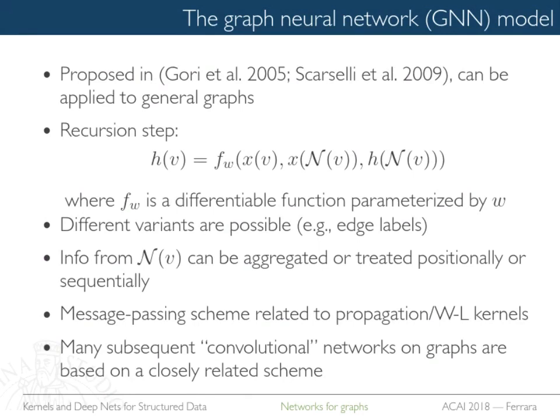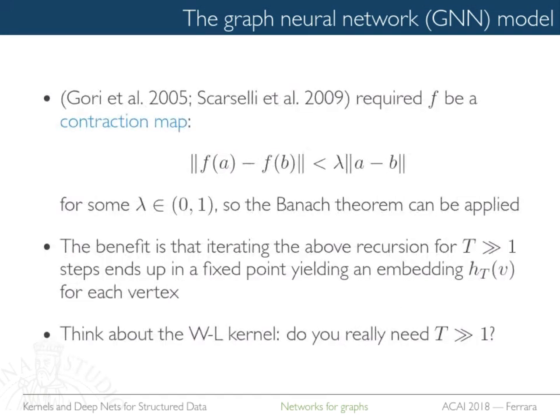Okay? And what do they show? The following thing. Under some conditions, which is explained here, when a function satisfies this equation, it's called a contraction. Okay? What is the main property of a contraction mapping? Banach theorem. It will converge to a fixed point, to a unique solution.